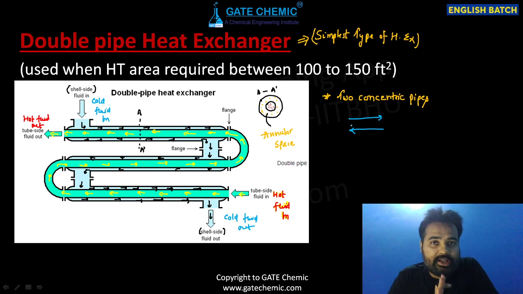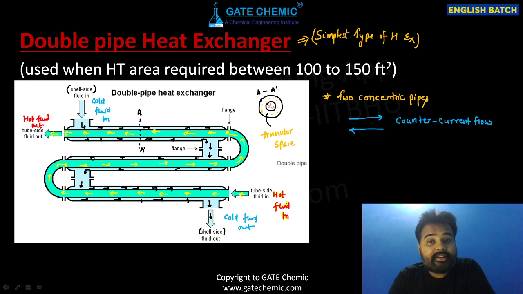If this type of flow pattern is obtained in any chemical industry, then it is termed as what? Counter current flow. Sir, so we always use counter current flow in industry? No beta, other flow patterns are also available.